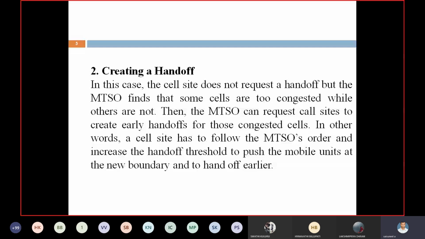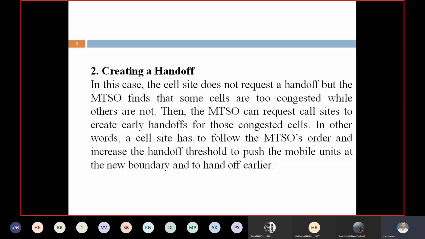GSM, Global System for Mobile. We insert our SIM card into our mobile unit, and it works. That's the concept of GSM. GSM is TDMA, that is, time division multiplexing, where a single channel can be utilized by more customers at different time slots.